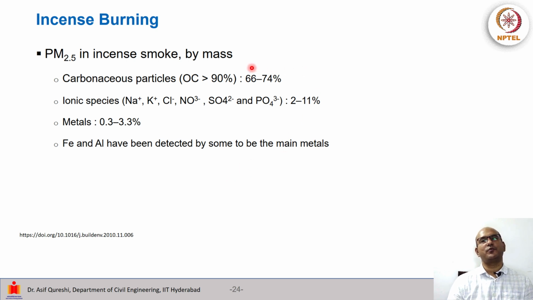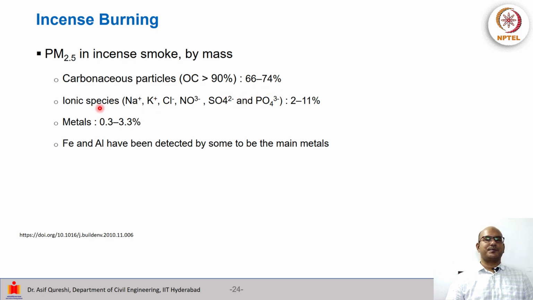When this PM 2.5 in incense smoke is analyzed by mass, the carbonaceous particles, especially organic carbon, which contain organic carbon more than 90%, all contributed to 66 to 74% of this mass fraction.